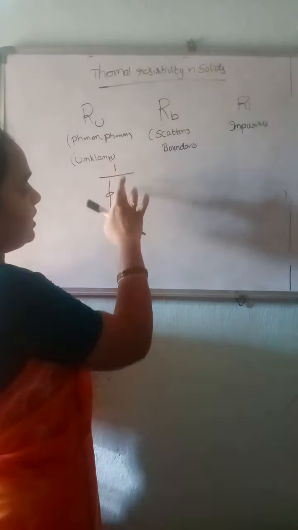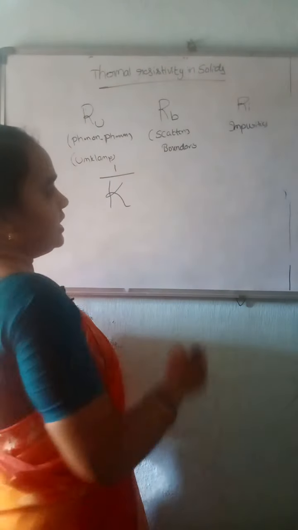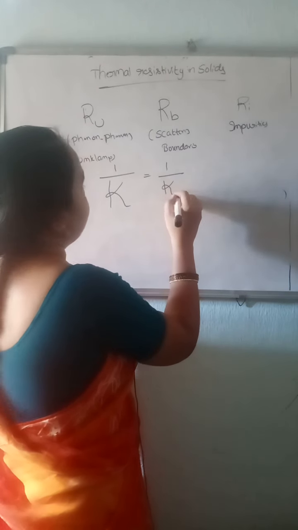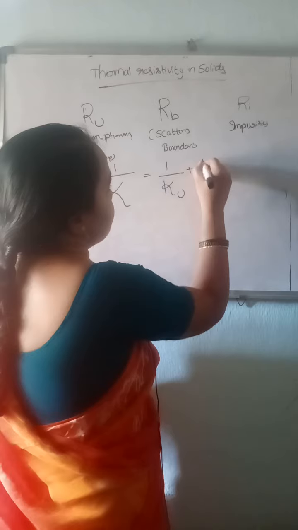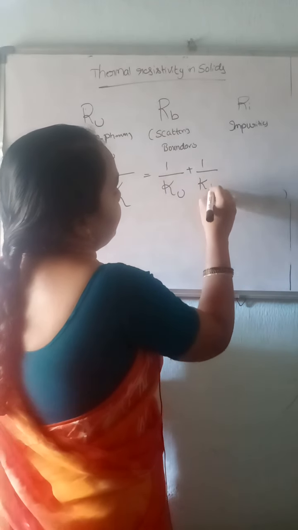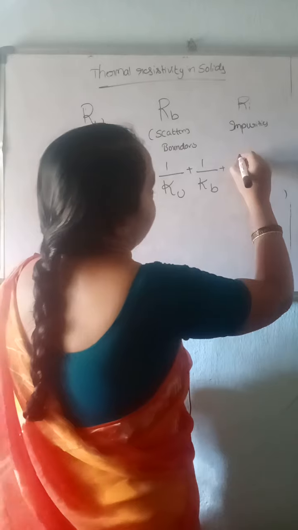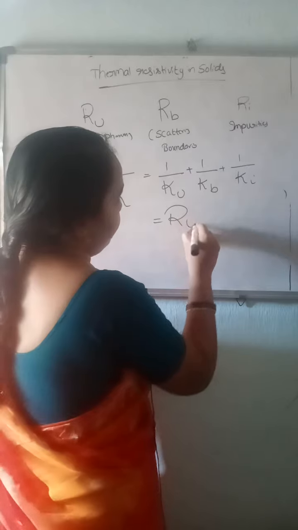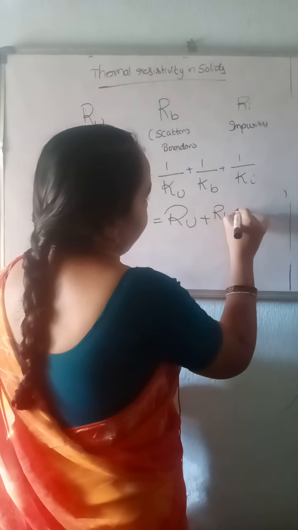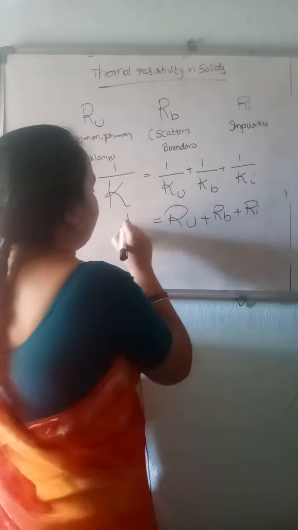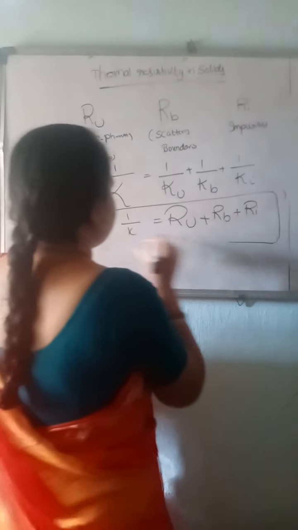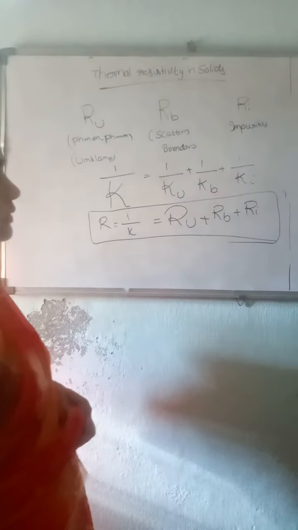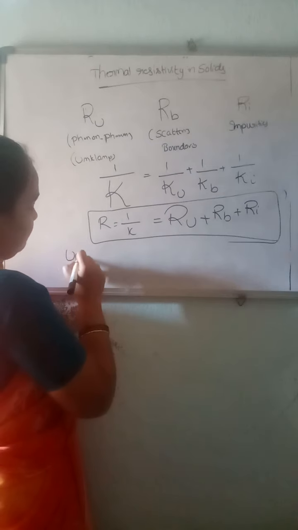So the resistivity of any material, in an insulator, is the sum of the inverse of conductivity due to the Umklapp process, the inverse of conductivity due to boundary scattering, and the inverse of the thermal conductivity due to impurities. This is nothing but Ru plus Rb plus Ri. This is the thermal resistance of a solid, particularly insulators.